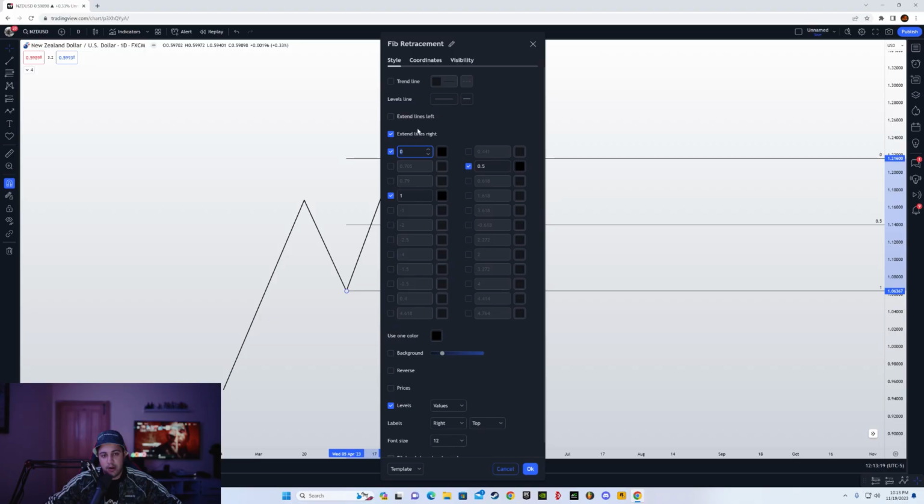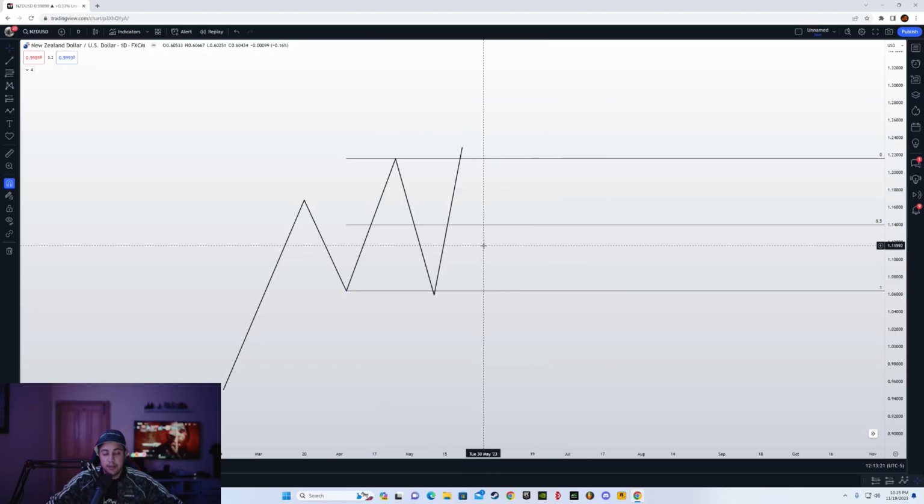And then if price is below the 0.5 level, it is considered to be in a discount. And if the price is above the 0.5 level, it is considered to be in a premium zone. But you can simply not use your Fibonacci on any high and low, or any low or high, if that makes sense. There are some rules to it, okay?